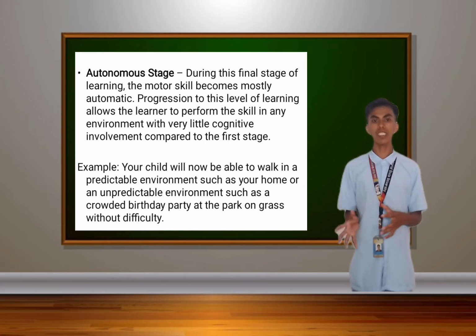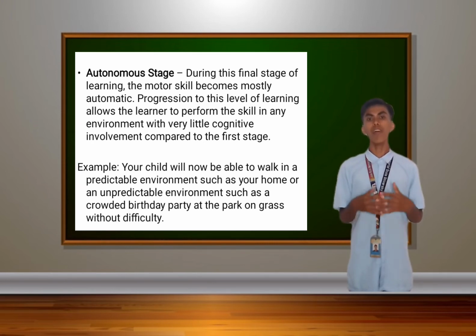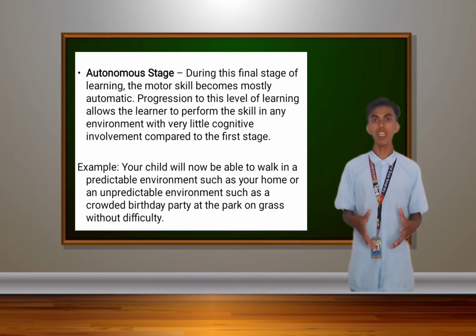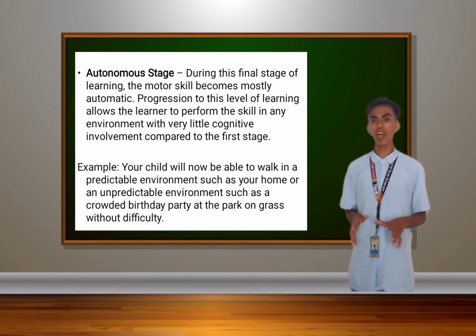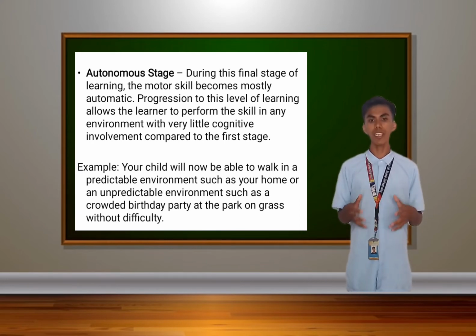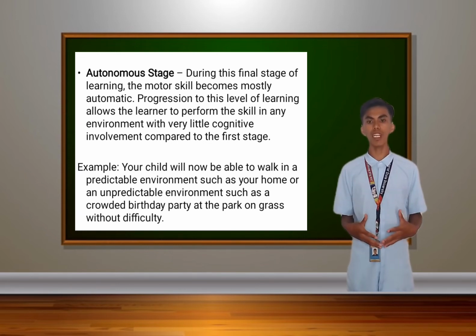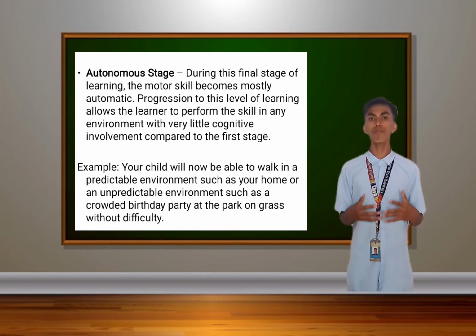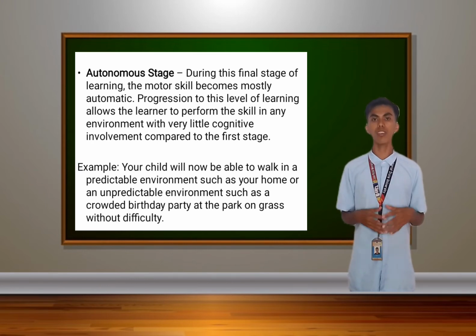So this last stage is autonomous stage, which is the fully developed motor skill of a person. For example, your child will now be able to walk in a predictable environment such as your home or an unpredictable environment such as a crowded birthday party at the park on the grass without difficulty.